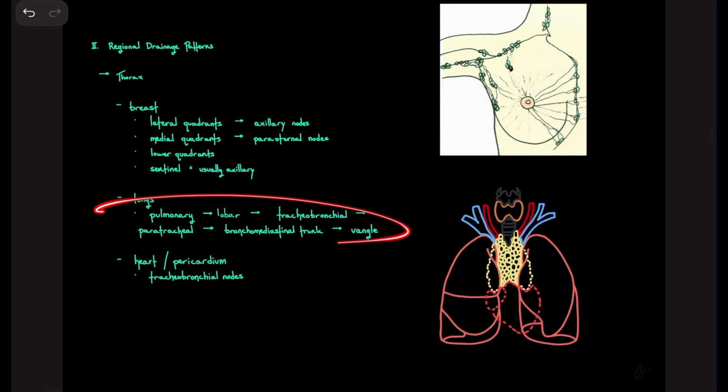So again, I don't need the whole memorization here. What I'm after is the fact that it just runs the whole respiratory tree. And we need it to do so, right? You are breathing in air that constantly has particulate matter in it, constantly has germs, pathogens, dissolved particles, any aerosols.